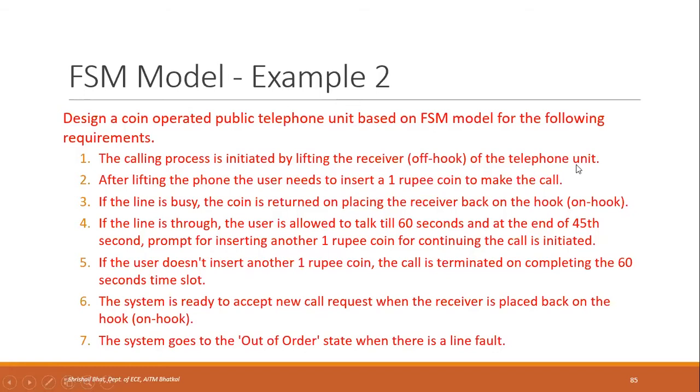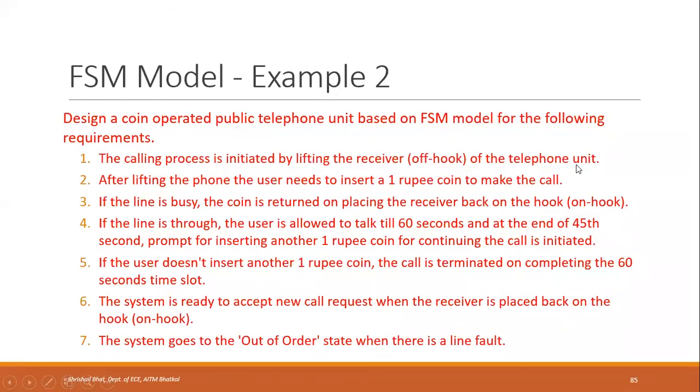If he inserts a 1 rupee coin again, for the next 60 seconds the call will be renewed. That process will repeat at the 45th second of each 60 seconds. Again, the user will get an indication to insert a 1 rupee coin. If he doesn't insert, at the next 60 seconds the call will get terminated.